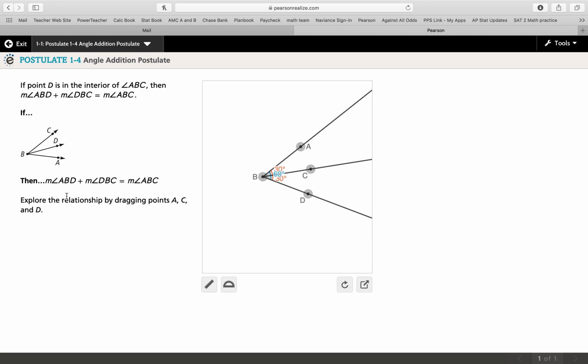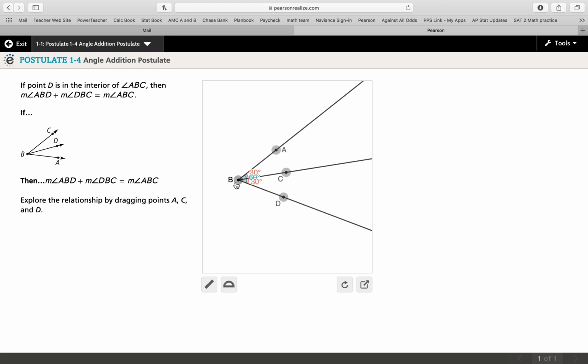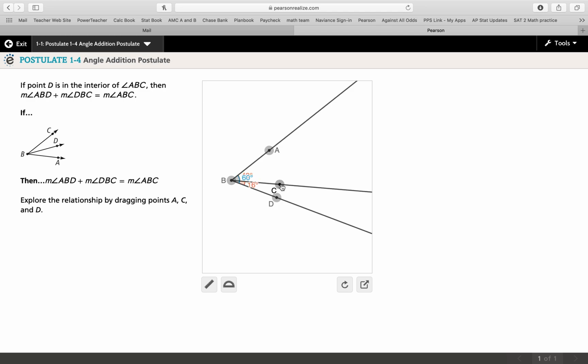So this is the angle addition postulate, which is the same thing as the segment addition postulate, but just looking at angles. We can play around with the angles over here. So here I have point B, point C, point A, point D. You'll see that each of these small angles is 30. The whole angle is 60, but I can move point C around to change the small angles, but angle ABD is not changing.